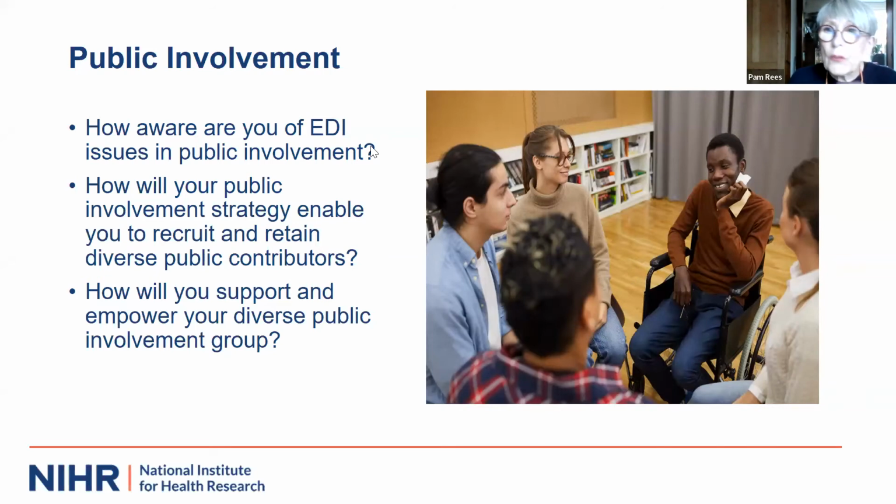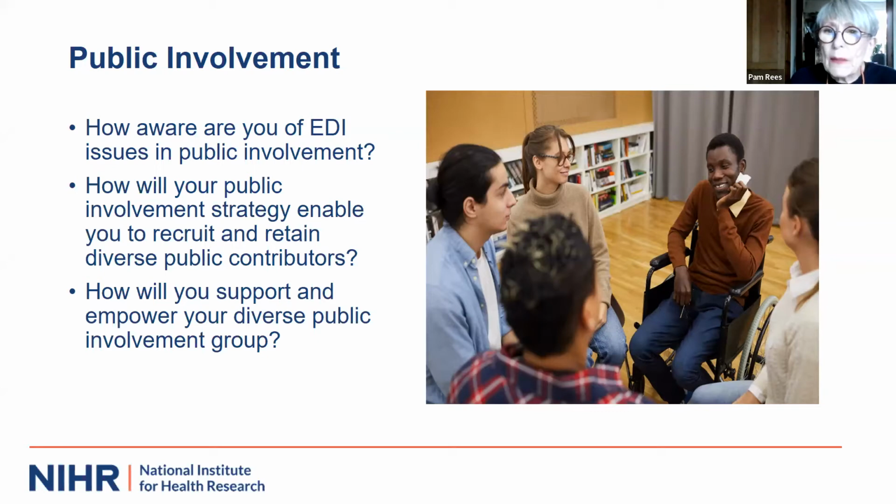And the second question is, how will your PPI strategy enable you to recruit and retain diverse public contributors? This section encourages researchers to consider how their activities might inadvertently exclude some groups, the very ones who are too often inappropriately blamed for being hard to reach.